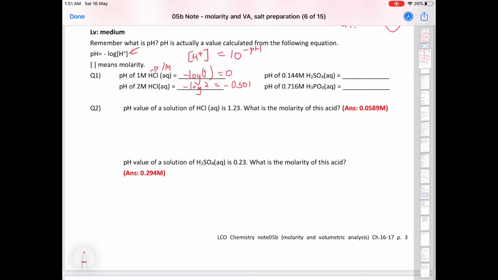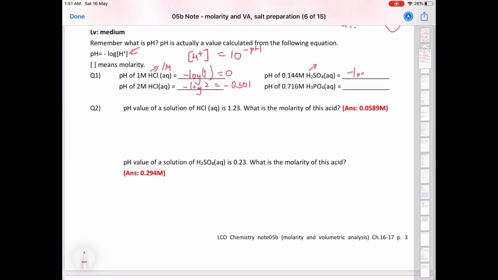More difficult example is about sulfuric acid. In this case, because in one H2SO4 molecule, it's dibasic, there will be 2 hydrogen ions per molecule that can be ionized. It means that the hydrogen ion concentration should be double that of H2SO4.